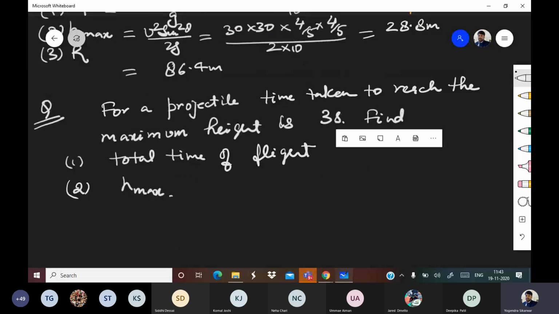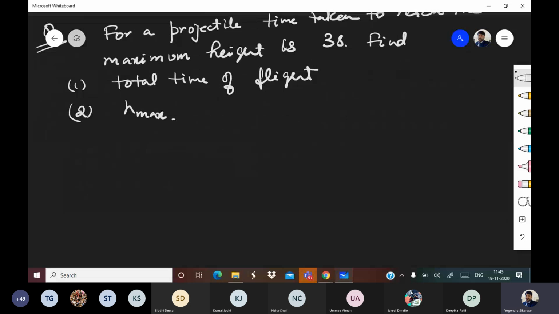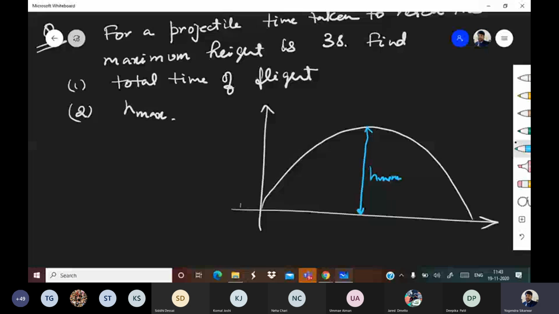Okay. Everyone, please pay attention. In projectile motion, this is your overall path. This is h max. Time taken to go from here to here is t up, and time taken to come down from here to here is t down.